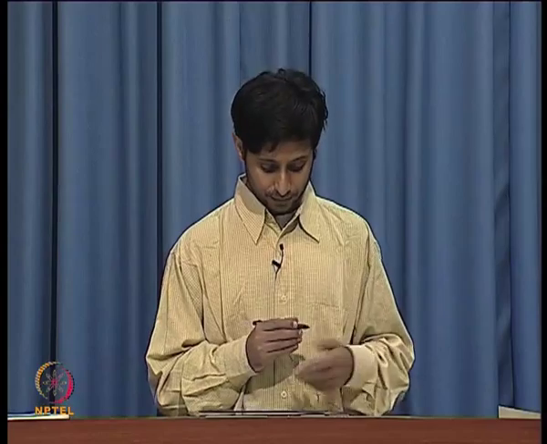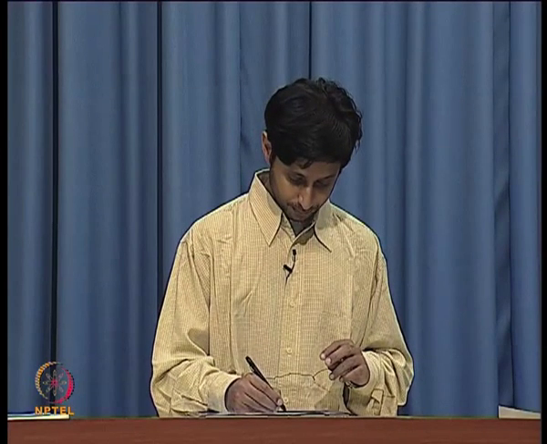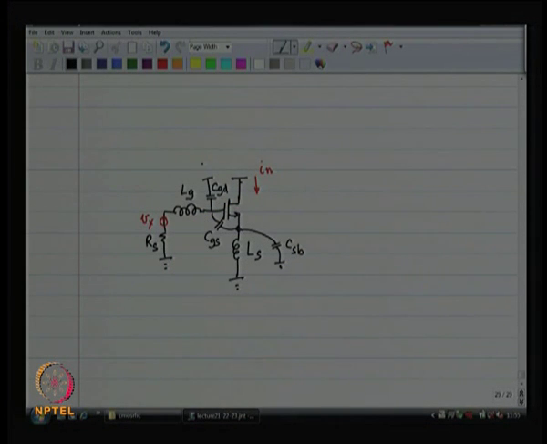If I have Vx, then Vx is going to undergo a voltage division. Looking in from this point, I see some input impedance.